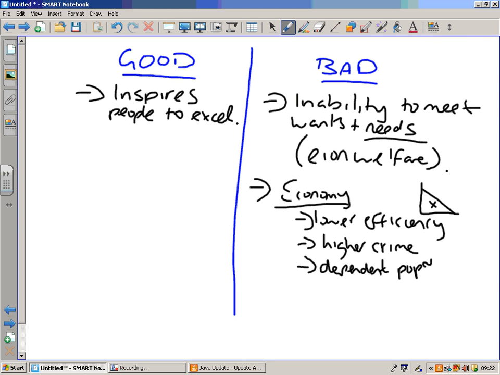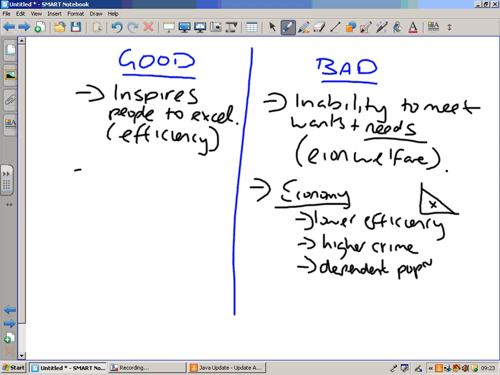Some people are happy with that. If those benefits were maybe reduced, then it would force more people to go and look for work and pay their own way in life. So, in some ways, you could argue it might inspire greater efficiency. It makes people want to go out and improve their lot in life. That might actually be good for achieving our production possibility boundary. It doesn't make people complacent.